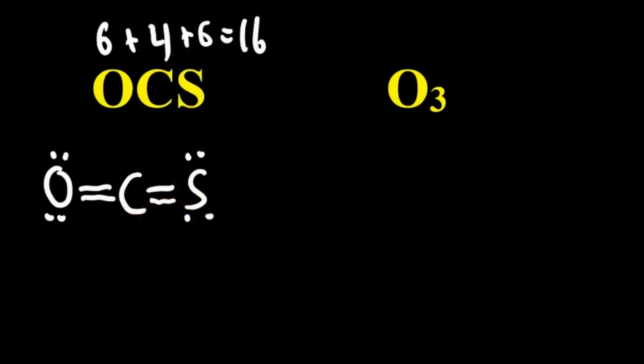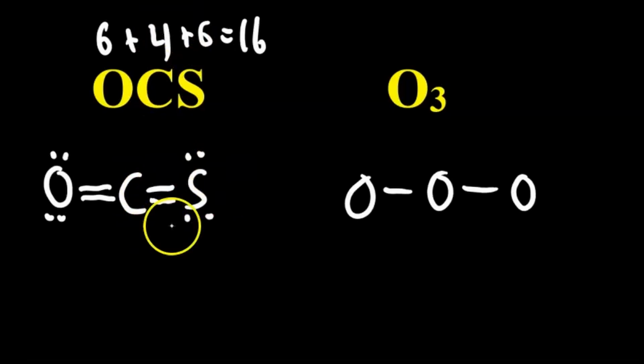Okay, so O3, ozone. So we have not really a central atom. I guess oxygen is its own central atom here. And we want to add the number of electrons. Oxygen, like we did in the last example, we expect there to be 6 electrons. So there's 6, and there's 3 of them. So 18 electrons. There's 4 here.